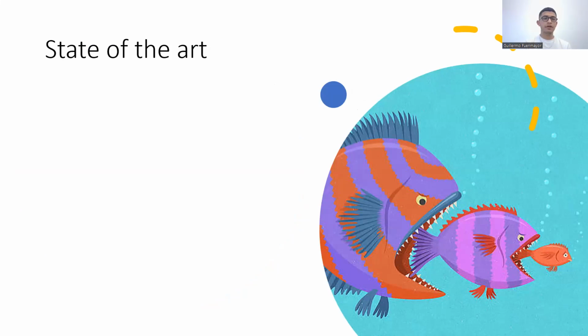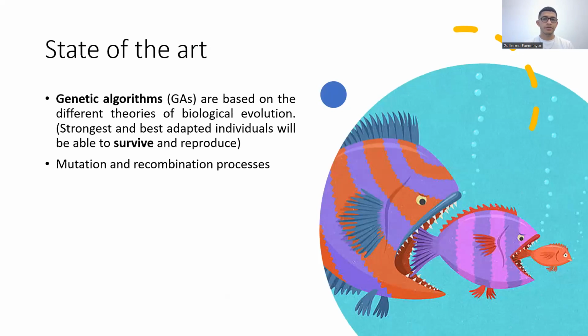In the state of the art, genetic algorithms are techniques based on various theories of biological evolution, in which only the strongest and best adapted individuals within an environment will be able to survive and reproduce. We can understand this as a competition generated from an initial population of individuals coexisting in a specific environment with limited resources, resulting in a selection of the best adapted individuals.